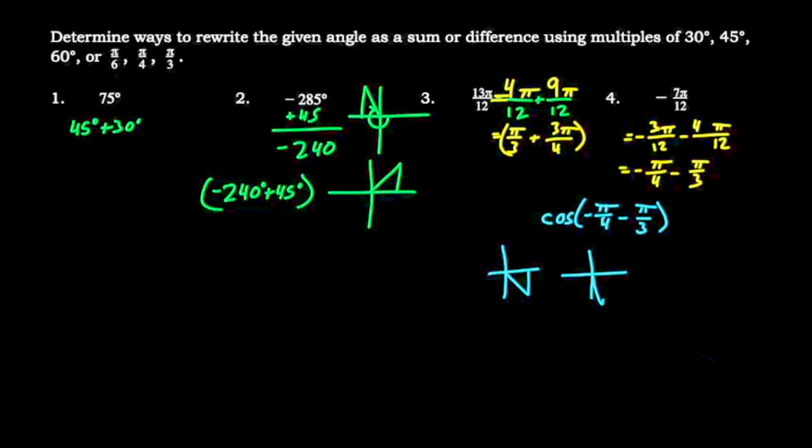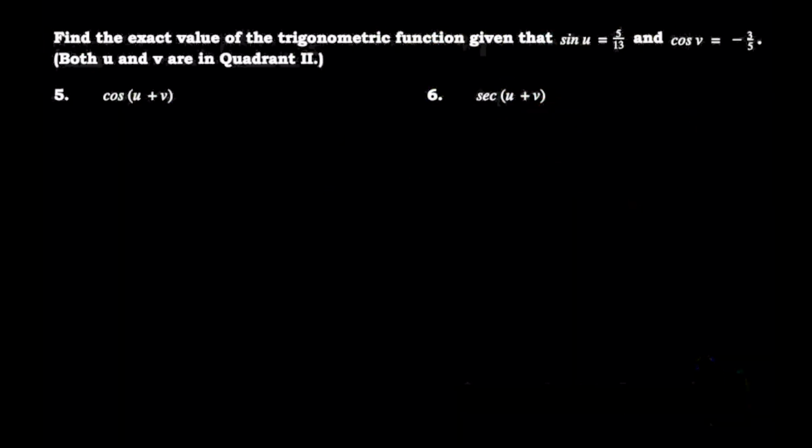Okay, so negative pi over 3, again, would be in the fourth quadrant, just be the tall, skinny triangle. But I'm really thinking of this as cosine of negative pi over 4 plus negative pi over 3. And I'm doing that so that I can use the cosine sum identity. Okay, so cosine of u plus v. And that just helps me keep things organized as I'm working through the problems.